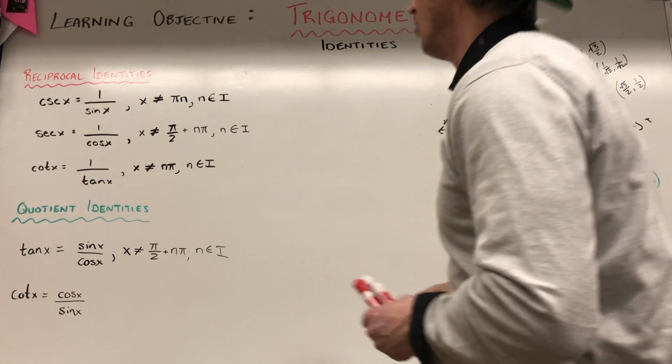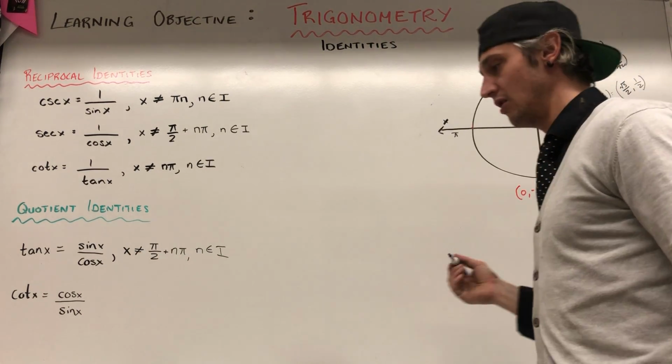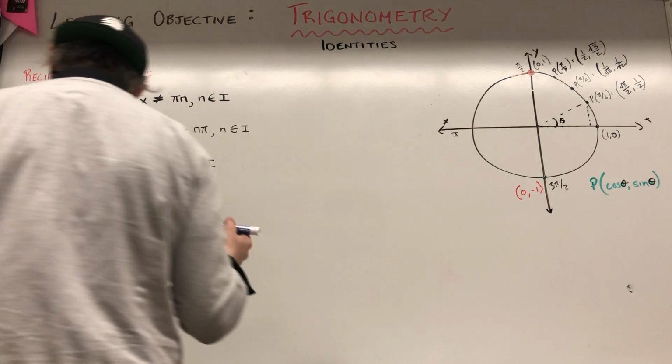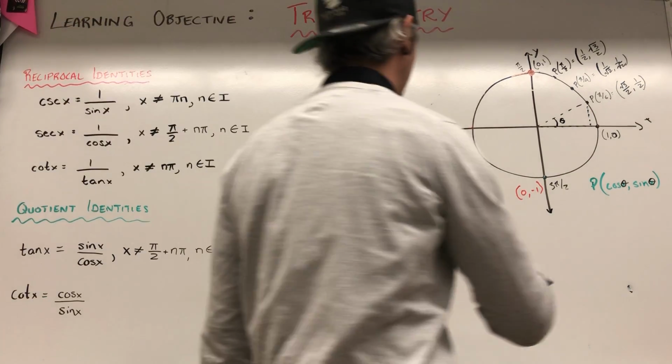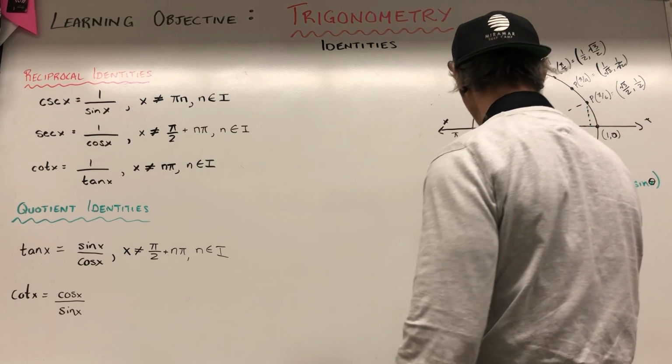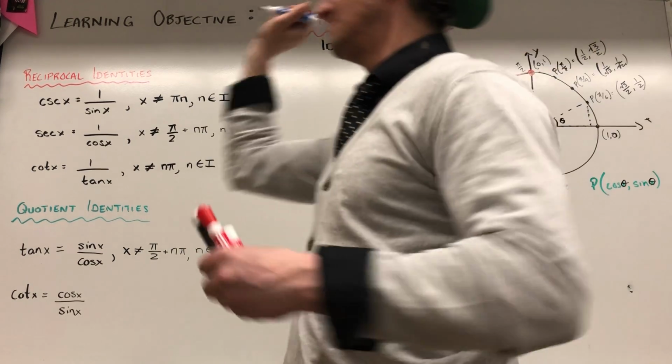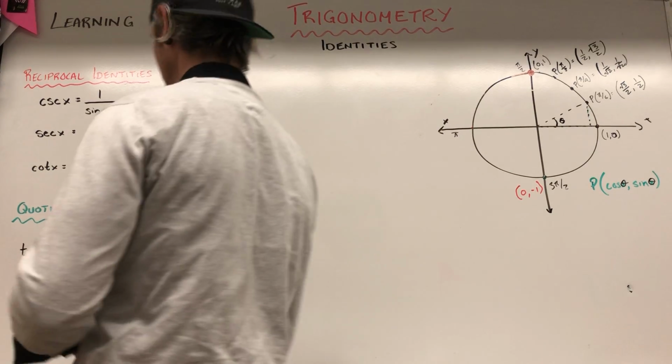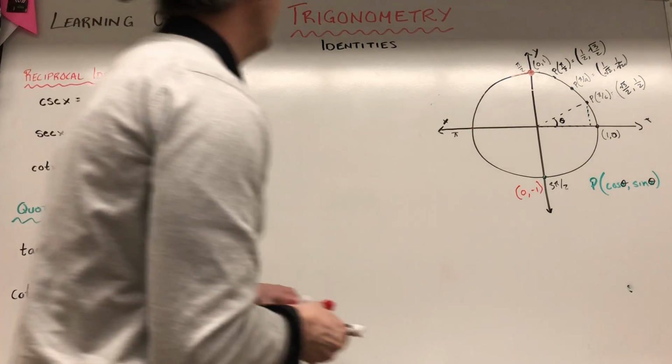Now we're going to add one more set of identities, and that's the Pythagorean identities. I'm going to put them in blue, but that doesn't work there, so I guess we'll just use black here.